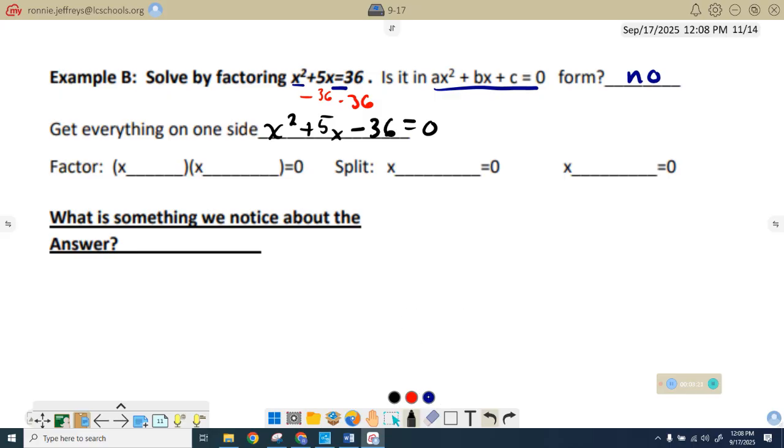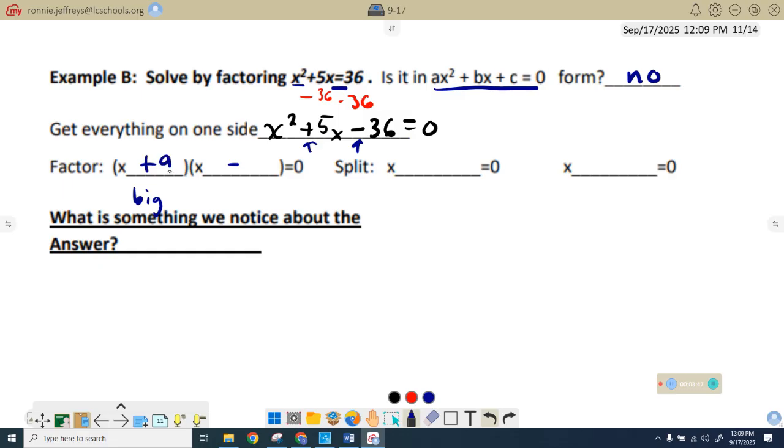So this tells us our signs are different. This tells us our big number is positive. What two numbers when we multiply them we get negative 36, but when we combine them we get 5? What two numbers do we multiply to get 36, besides 6 and 6?